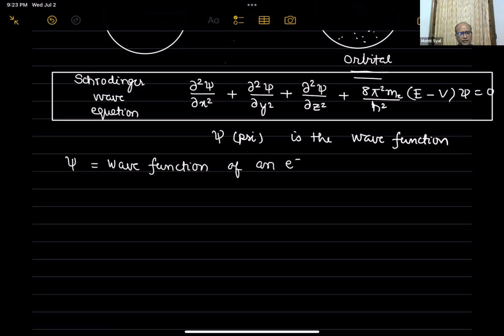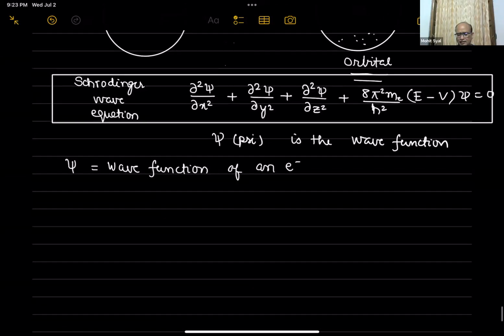This is the wave function of an electron. This is the nucleus. Actually, it is 3D, but I am representing it in 2D. This origin is the nucleus.